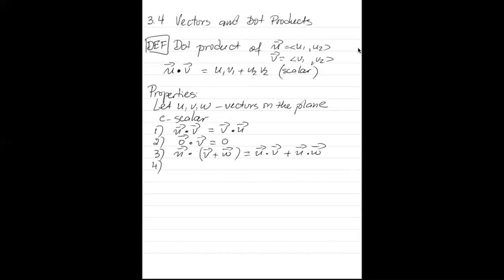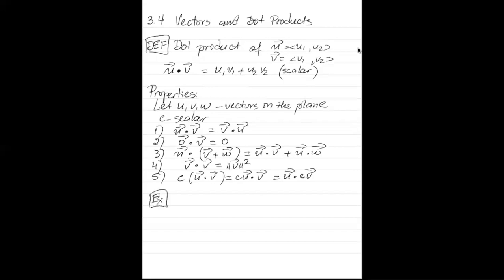Number four, v dot the same vector v is equal to the magnitude of v squared. Number five, c times the dot product of u and v is equal to cu dot v, which is the same as u dot cv.